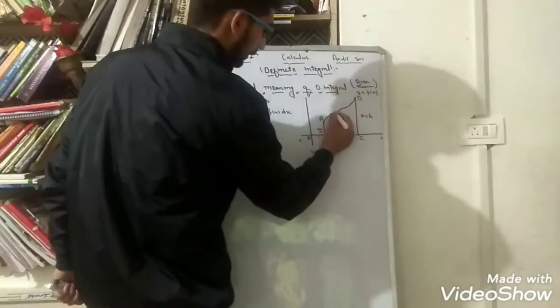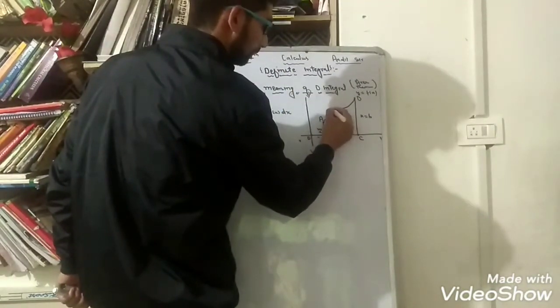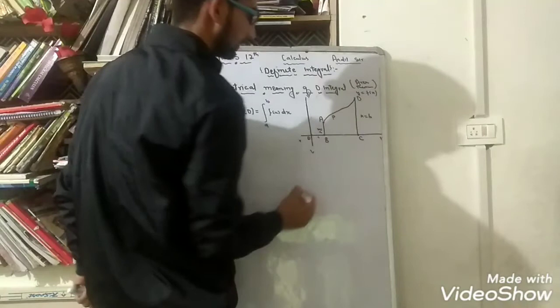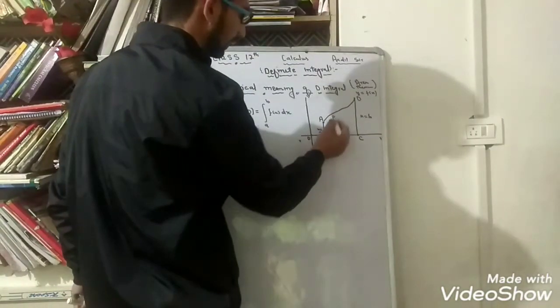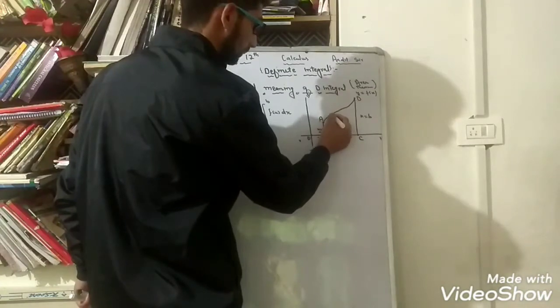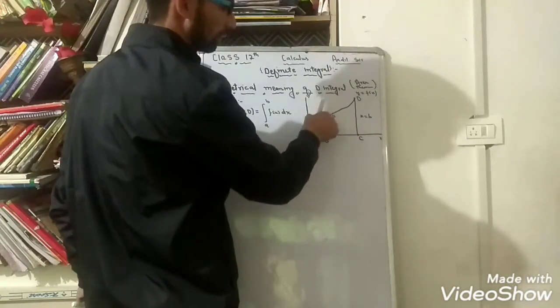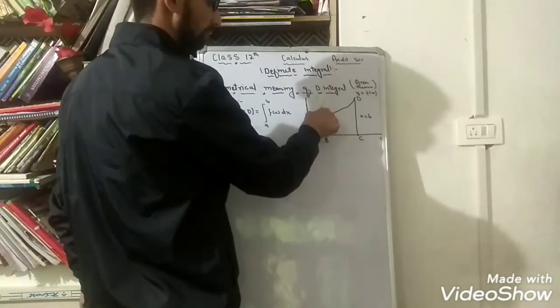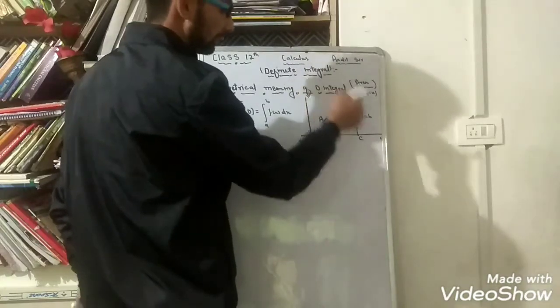We will take a point here, for example, P, so that the coordinates of this P are x and y.